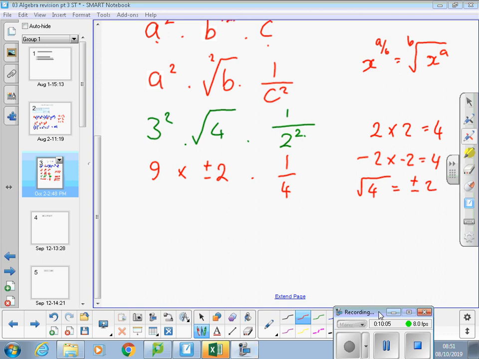Yeah, times a quarter. 9, so it's plus 4.5. 9 times minus 2 is minus 18 times a quarter, minus 4.5. Yeah, so because that square root is in there and that multiplication makes the answer plus or minus 4.5.